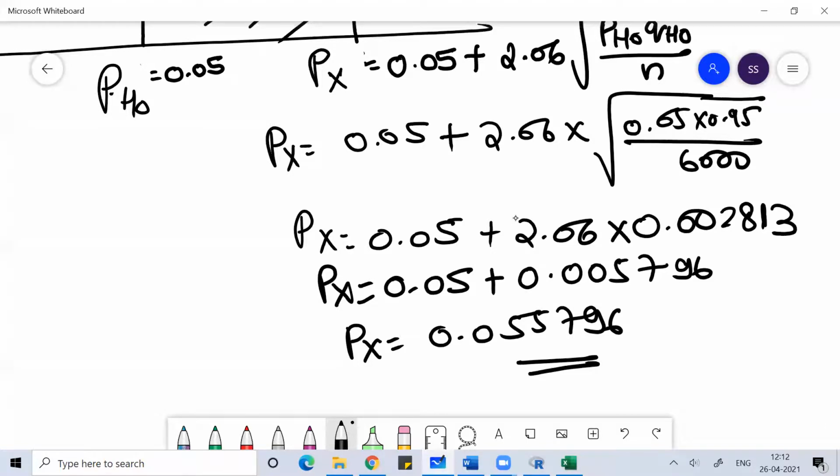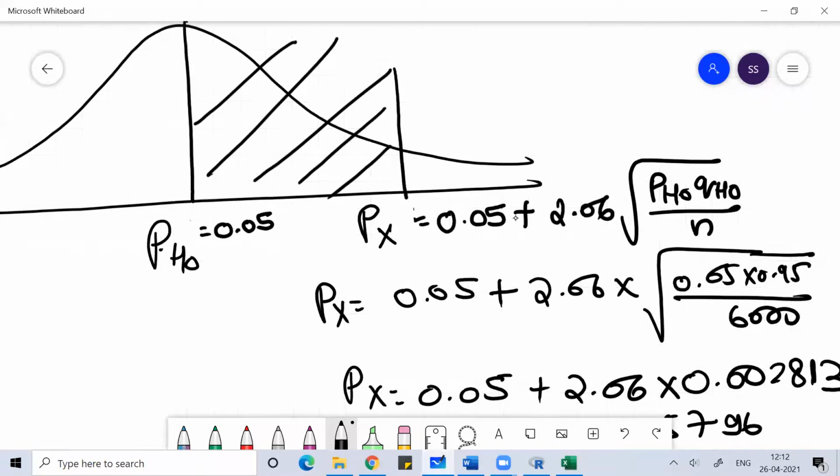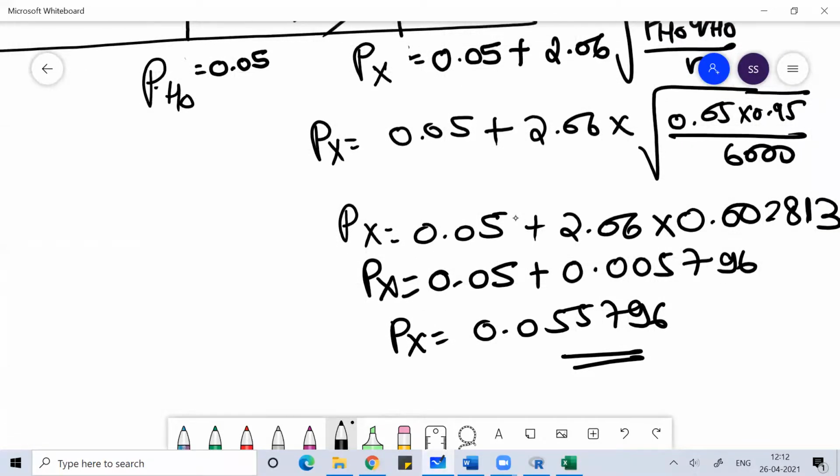So any sample value between 0.05 and 0.055796, you will accept it.